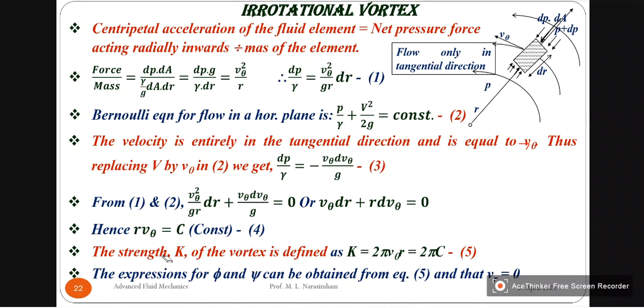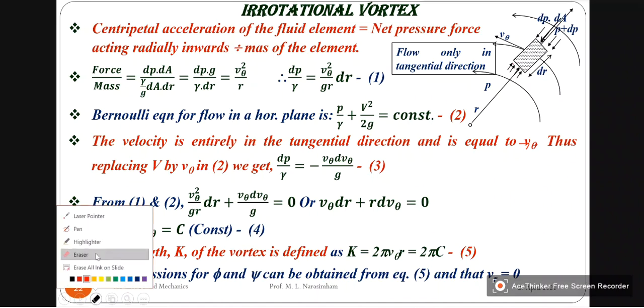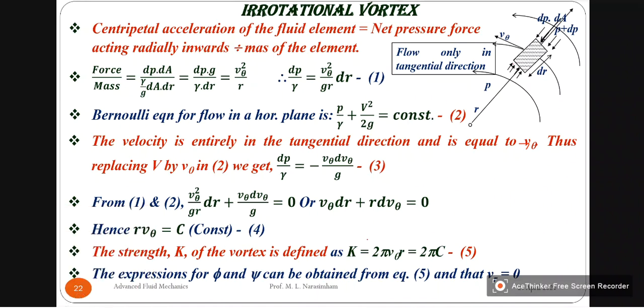So the strength K of the vortex is defined as K equal to 2 pi r V theta. How do we get this? r V theta equals C, which is constant.